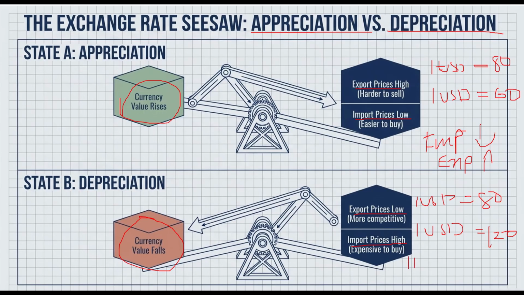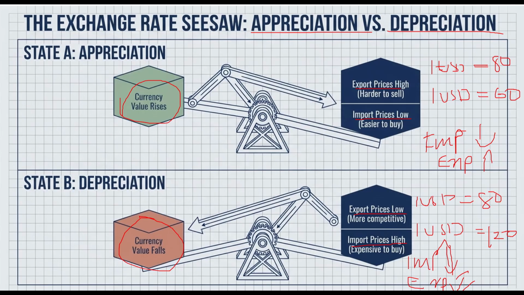At the same time, a foreigner was only able to buy 80 rupees worth of things using 1 USD, but now they can buy 120 rupees worth of products using 1 USD, which means exports become cheaper and imports become pricier. Okay, exports are cheaper. Clear?